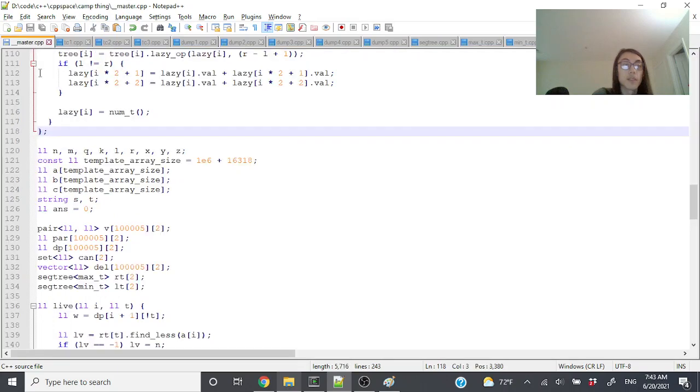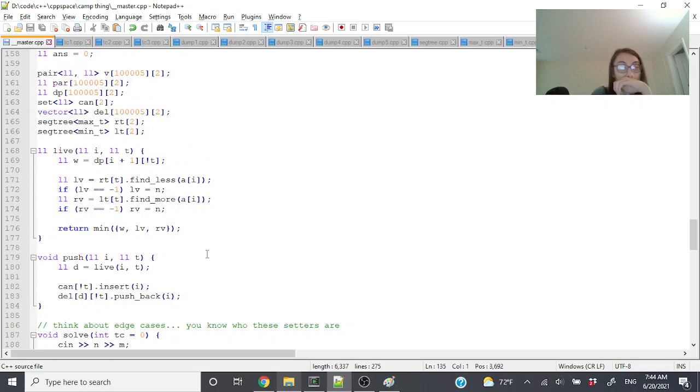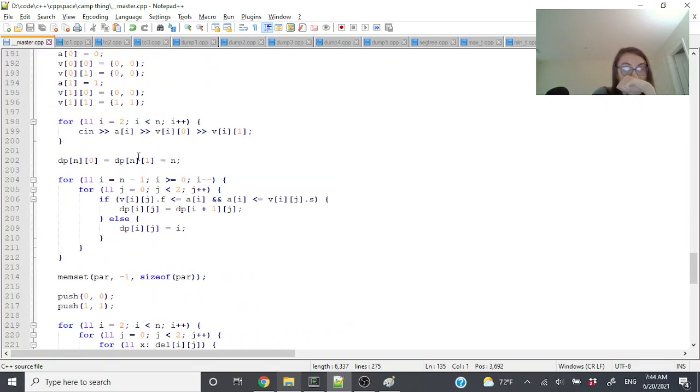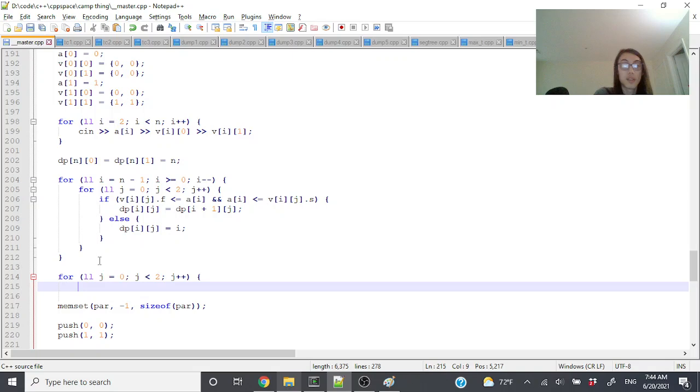I have this already. Make sure we initialize the second tree right. For j equals 0, j less than 2, j plus plus.